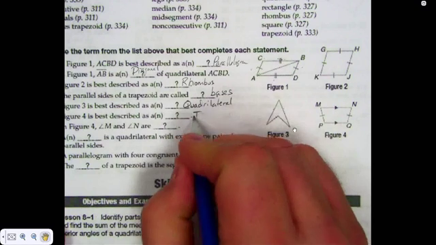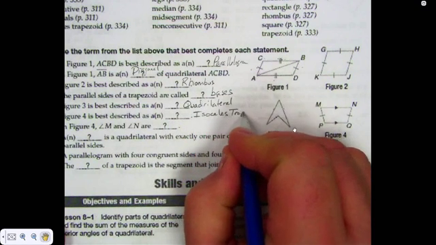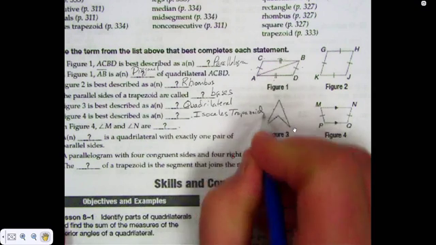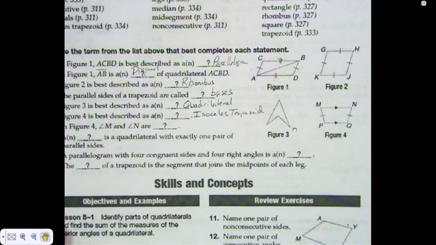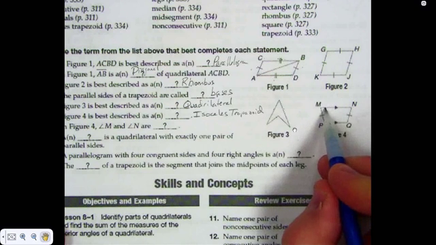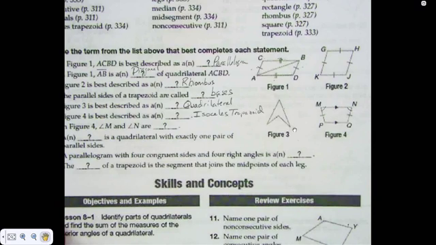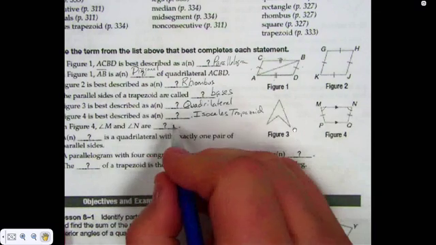Very good. In figure 4, angle M and angle N are what? They're base angles. They're also what? Congruent. Correct?